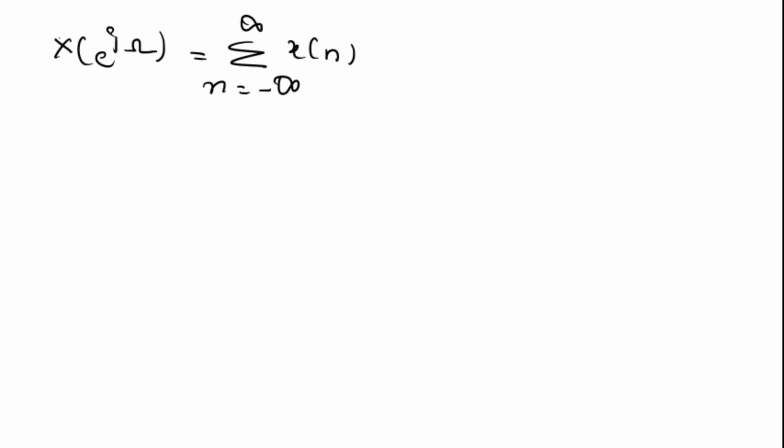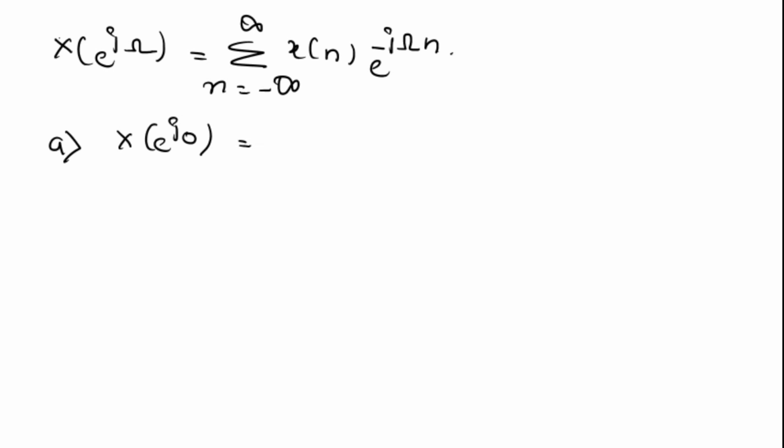Let us solve one by one, and we know that X of e^(j omega) is equal to summation n equal to minus infinity to infinity x of n into e^(minus j omega n). So first one is X of e^(j 0).